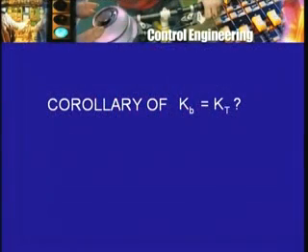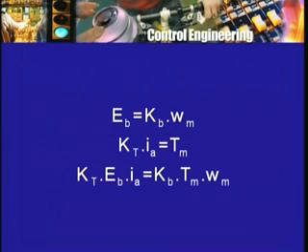There is also an interesting corollary of this relationship Kb equal to Kt, because if I take the equation Eb equal to Kb omega m and the equation Kt Ia equal to Tm, and take the product of the two equations, then I will get Kt into Eb into Ia equal to Kb into Tm into omega m.